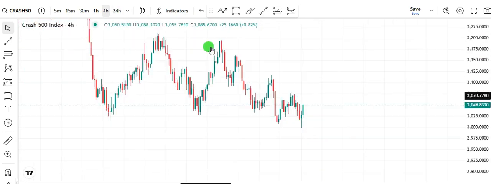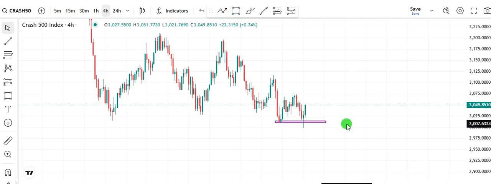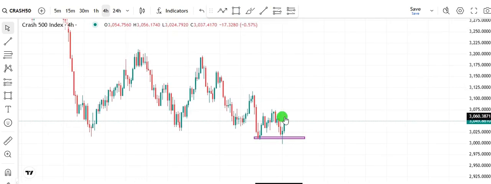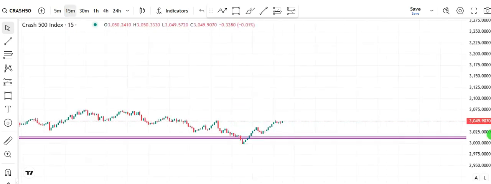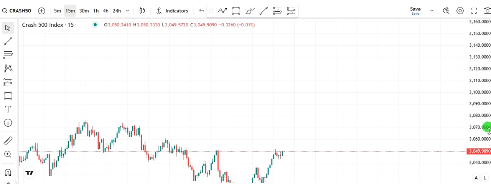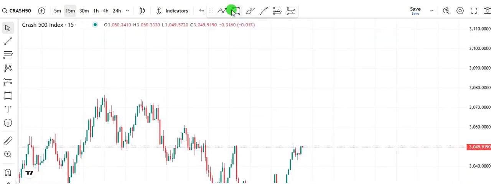Okay, on the 4-hour charts, we seem to be seeing some bearish trade, but also with some bullish momentum or retracement. So I'm actually looking for a bullish trade.